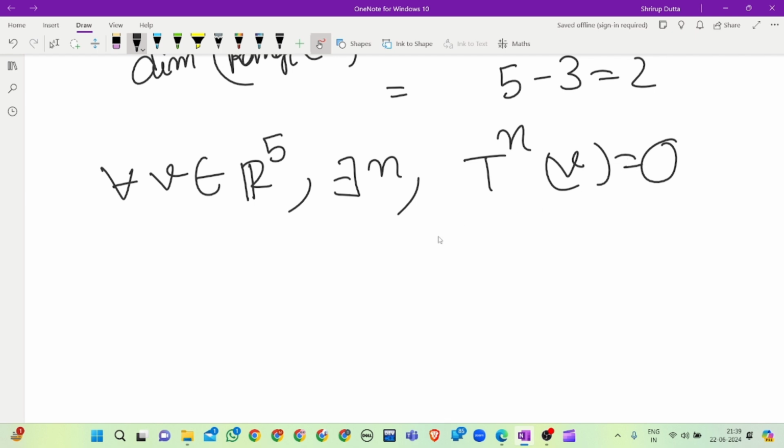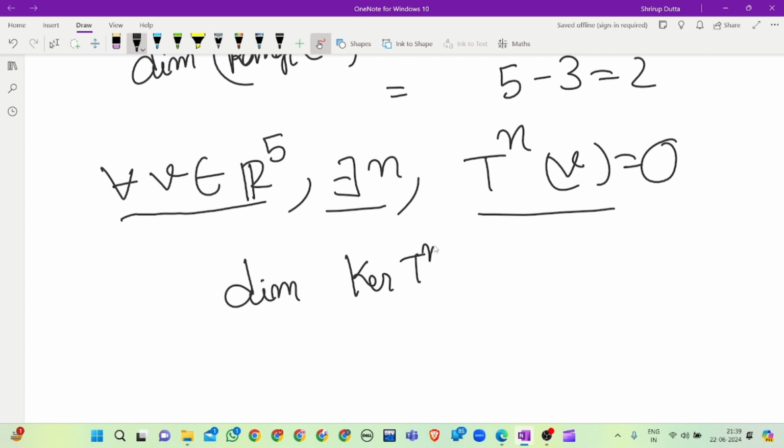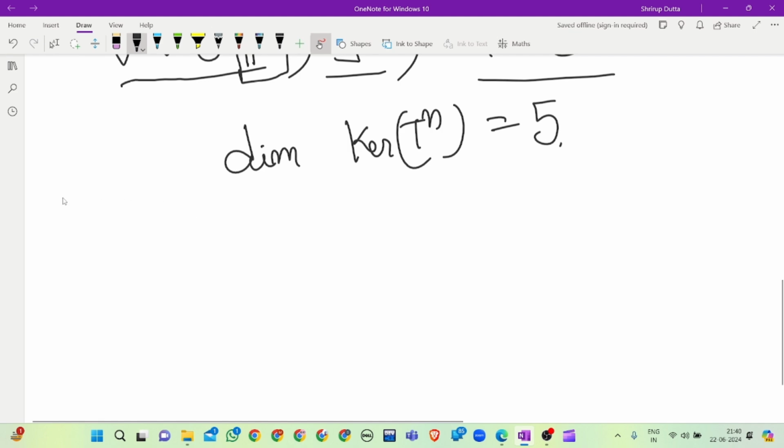So this holds for all vectors V, and the dimension of the kernel of T to the power n must be 5. Now since the dimension of the vector space is 5, let me give you one inequality.